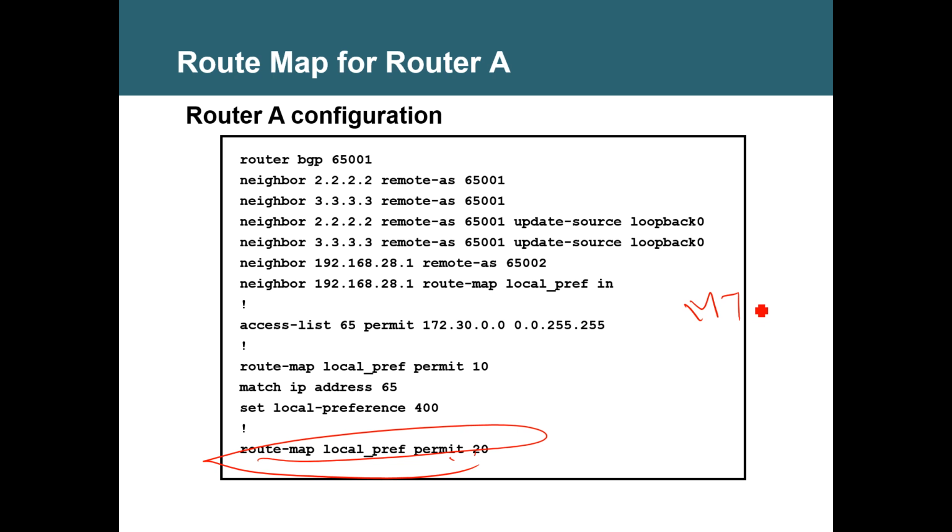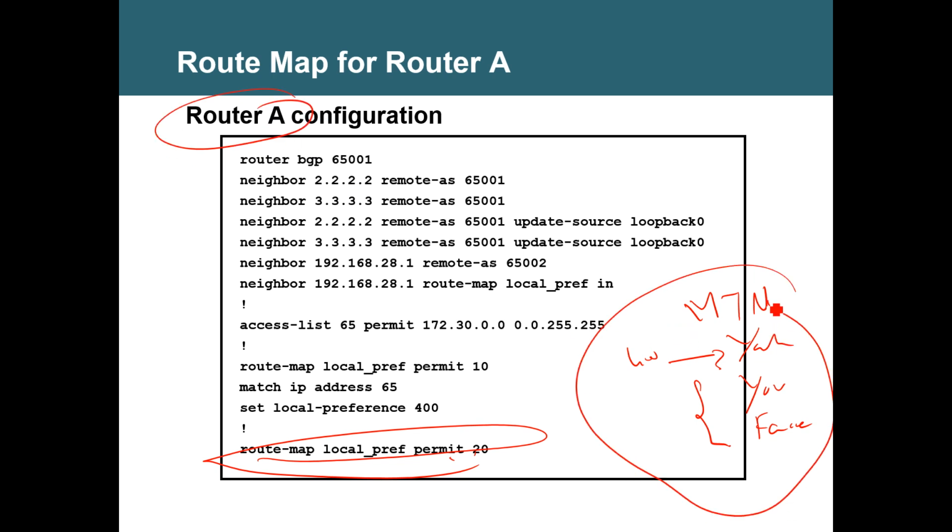MTN is giving Yahoo, YouTube, Facebook. Now you said match Yahoo and set 400, but you have not said anything about the others. So what will router A do when MTN advertises these 3?